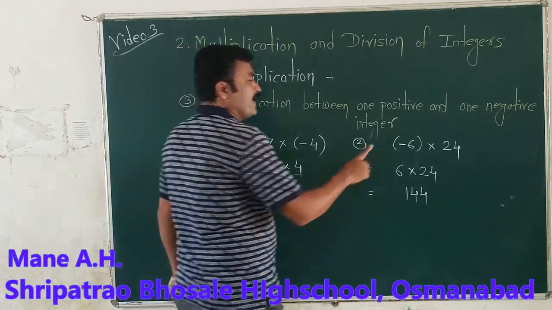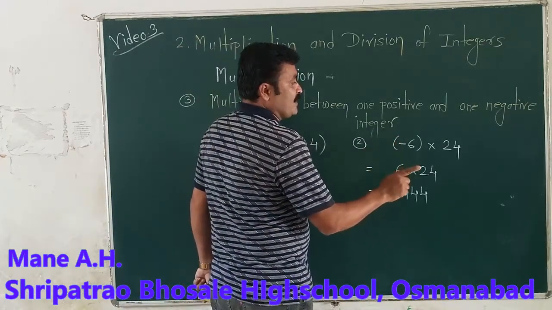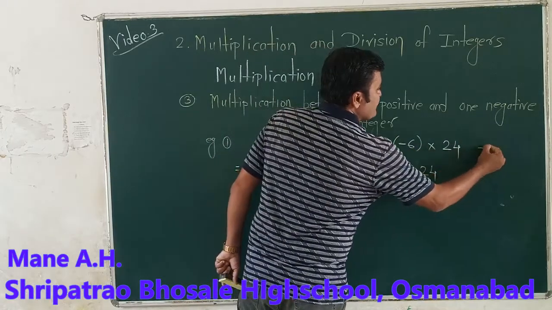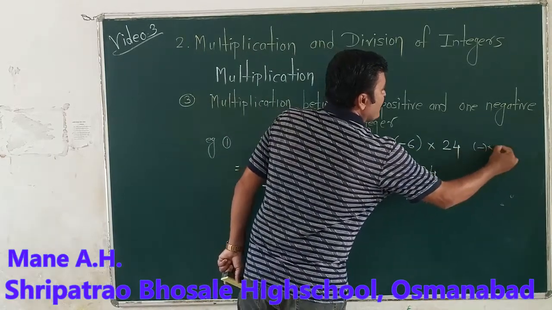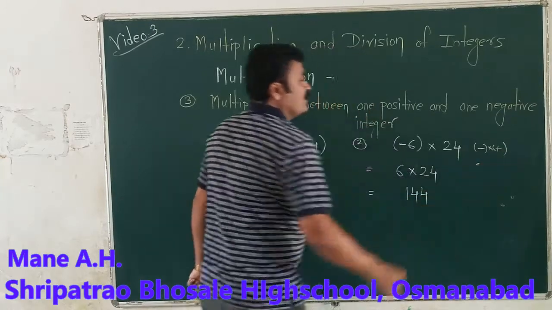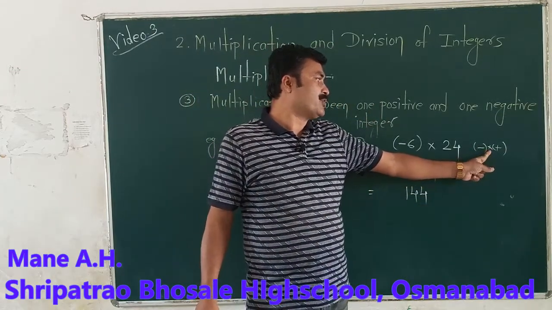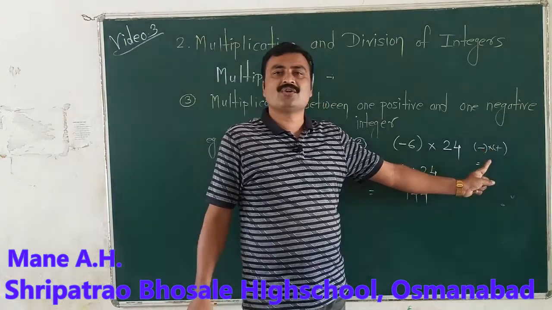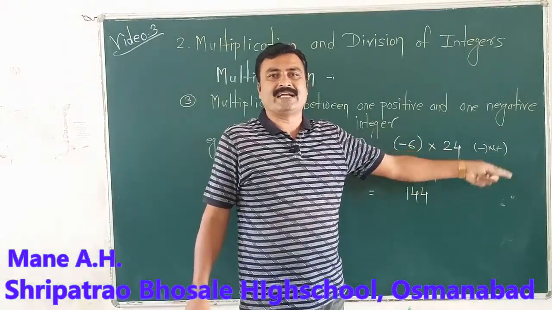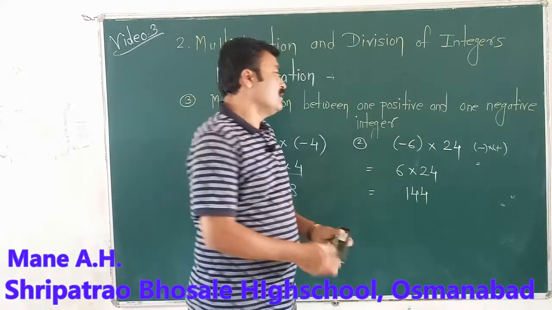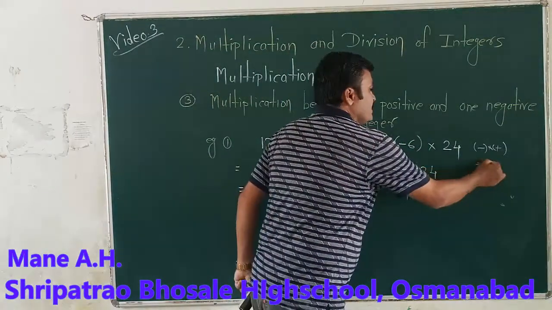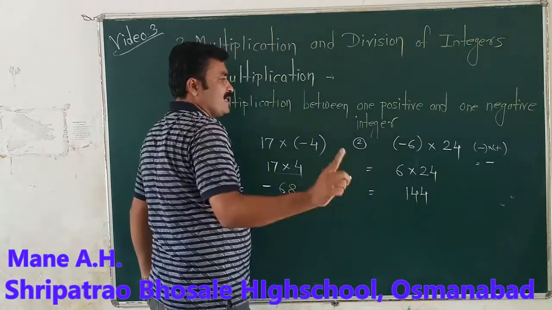Second step, now we have to take the product of signs. So minus into plus. Again, if you observe here in multiplication, there is the combination of plus and minus, that means two opposite signs. So the product of this sign multiplication comes as minus.